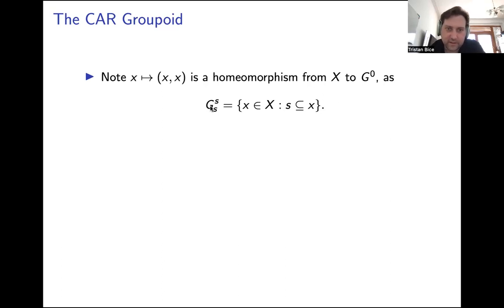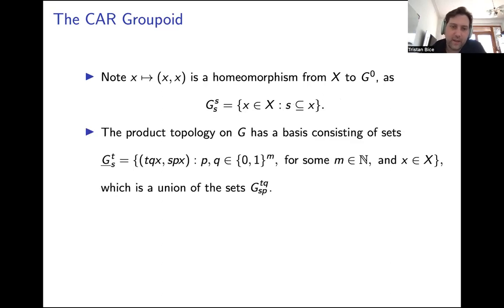These sets of the form G_SS, which form a basis for the unit space, are really just coming from all those strings X which contain some fixed finite string S. And think about it for a second, that's really just the canonical basis of the product topology of infinite strings of zeros and ones. So it's a nice homeomorphism. The unit space is indeed topologized as you would expect.